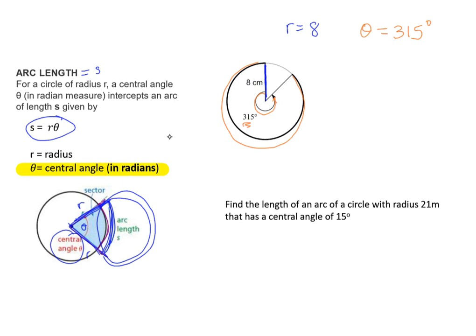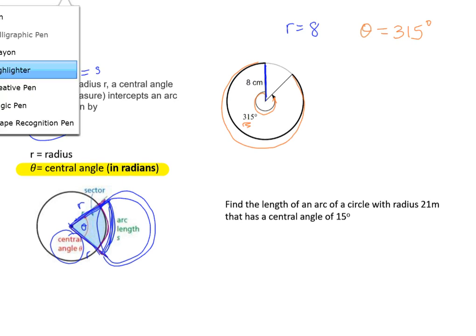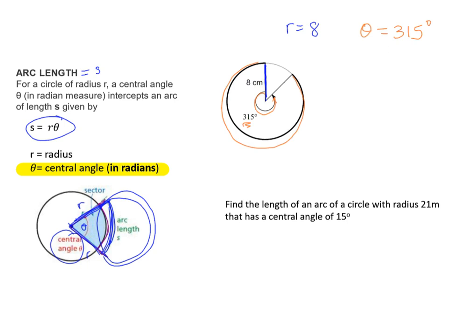This is how most of the mistakes get made in these problems: you forget to convert to radians. So 315 degrees, you multiply it by pi over 180, then reduce it down. I'm going to show the in-between. That's 7 pi over 4. So that's actually your theta.